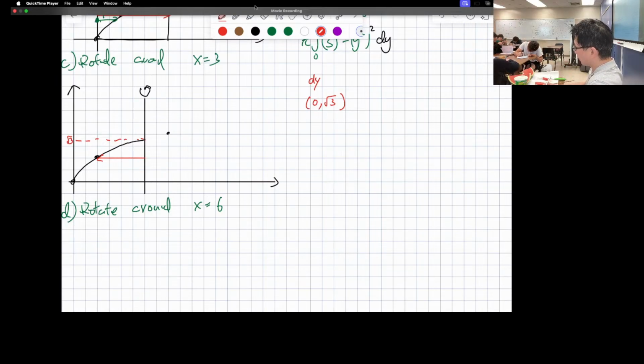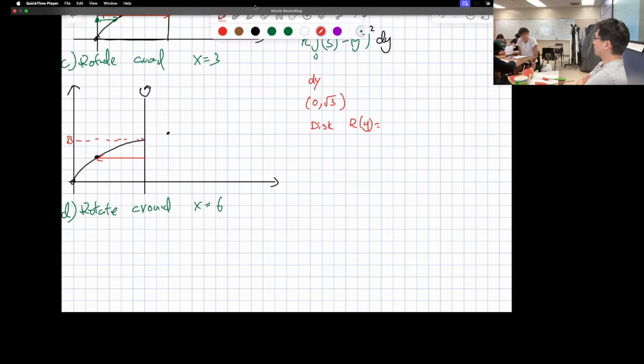Okay, so dy, is it this washer? Okay, so that must be r of y. So let's see who can come up with the right r of y. Can anybody tell me?